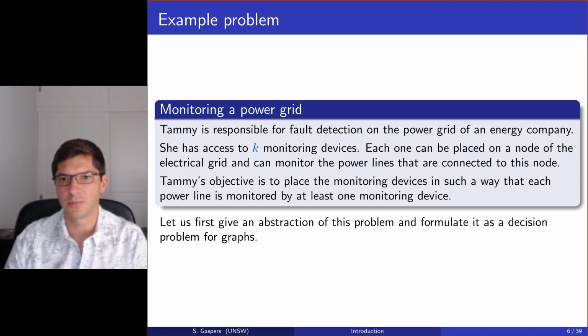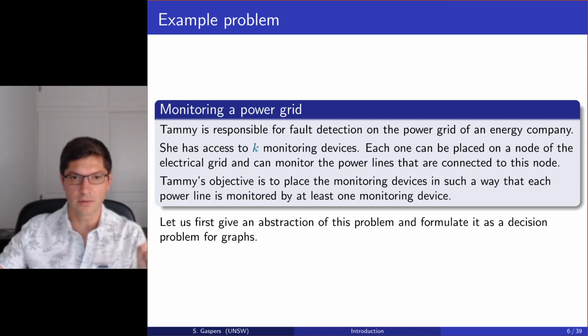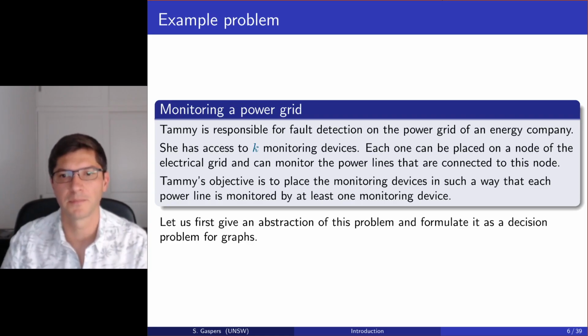She cannot afford to put one on every node of the power grid, so she needs to be strategic in placing them so that every power line can be monitored. If a power line connects two nodes, it's sufficient that at least one of these endpoints contains a monitoring device.